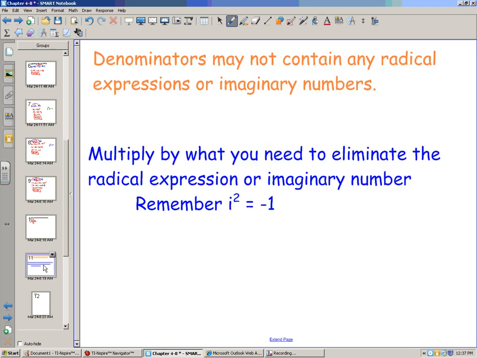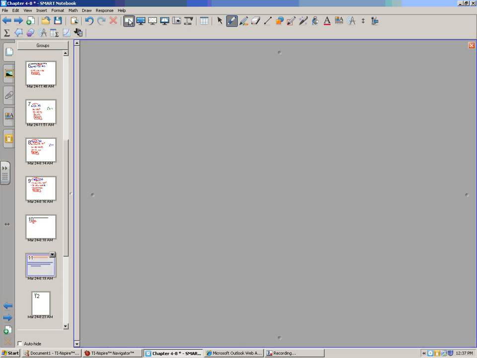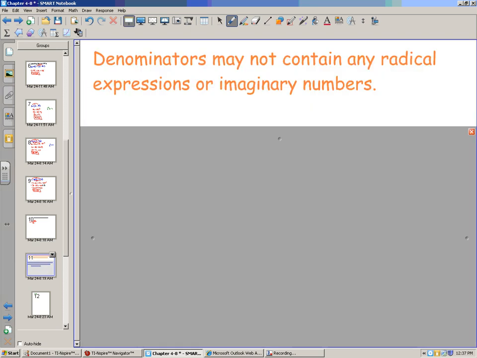So, denominators may not contain any radical expressions or imaginary numbers.